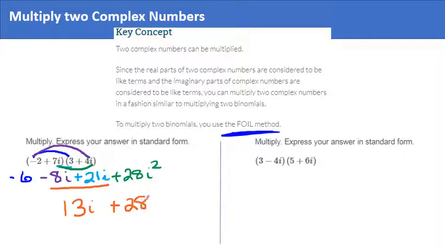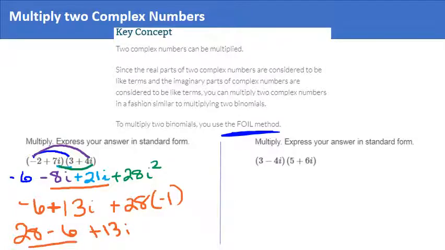So we have 28 times negative 1, so we get negative 28. So we get negative 28 minus 6 plus 13i. Combine your like terms again. So negative 28 minus 6 gives you a negative 34 plus 13i. So there's your answer for that one.